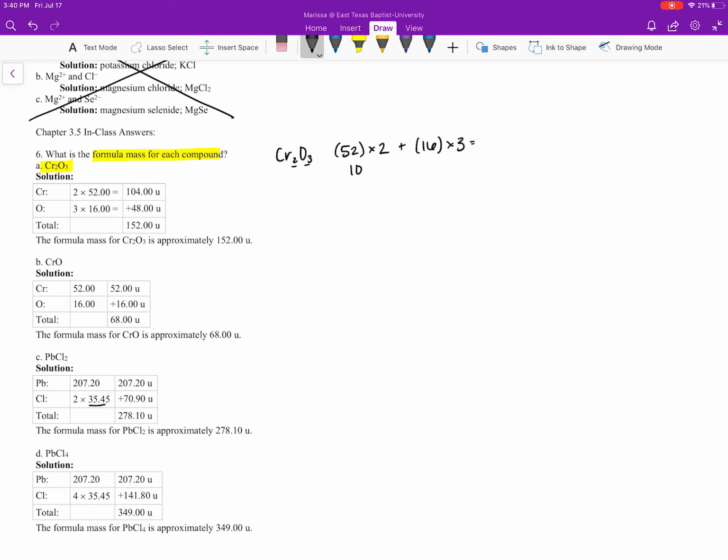When I do this, I'm going to get 104 plus 48, which is going to give me a final number of 152. And the units are important. In this case, the units we're seeing are called atomic mass units, which is often abbreviated as 152 AMU.